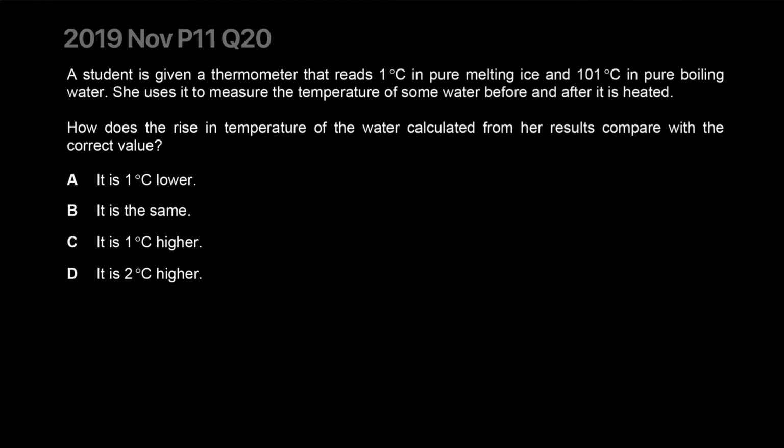That's an interesting question. Let's say the actual temperature of the water started off at 25 degrees Celsius, and it moved up to 45 degrees Celsius, right? And that's an increase of 20 degrees Celsius.